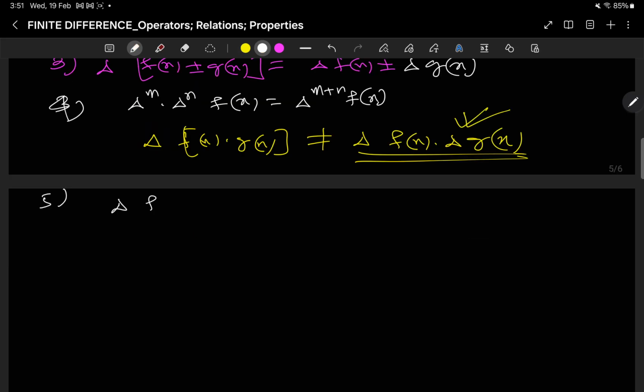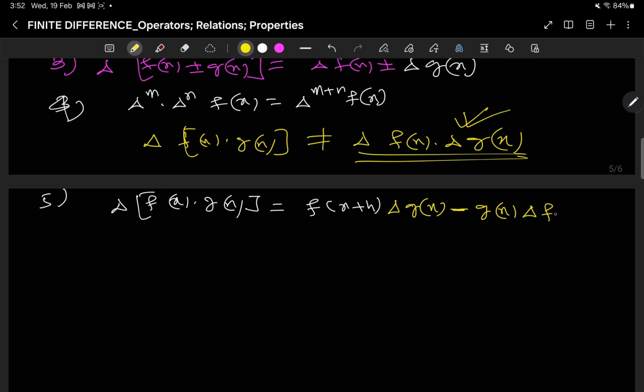However, let us see what the property is for the product. Here, del of f x into g x will be f of x plus h del of g x plus g x del f x. If we want to prove it, we can prove it.